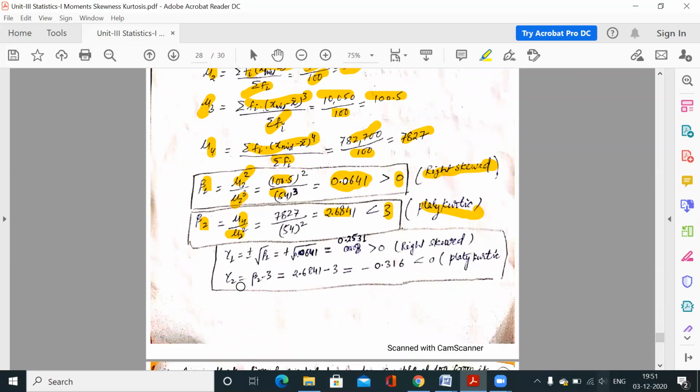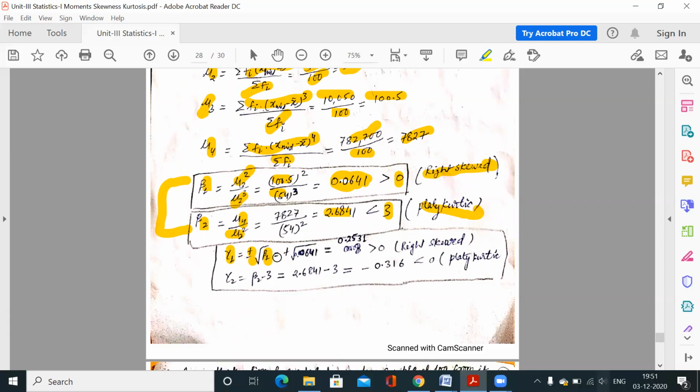Either we use these coefficients to measure the skewness and kurtosis, or the gamma form. So gamma 1, if you remember, is plus minus square root of beta 1. If mu3 is positive, we take the positive sign of this value, and if mu3 is negative, we take the negative sign.